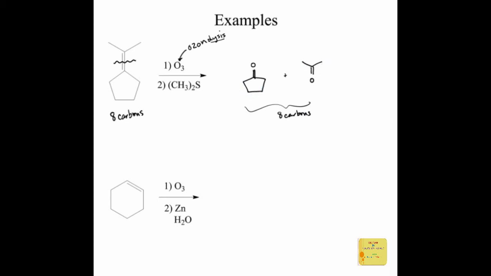Ozonolysis will take every double bond in a structure and break it. So if you have multiple double bonds, you'll end up with lots of fragments in your product mixture. In fact, ozonolysis is a nice way to study the structure of a compound, by breaking all the double bonds and studying the fragments that you get. You can help determine where the double bonds were located in your structure.